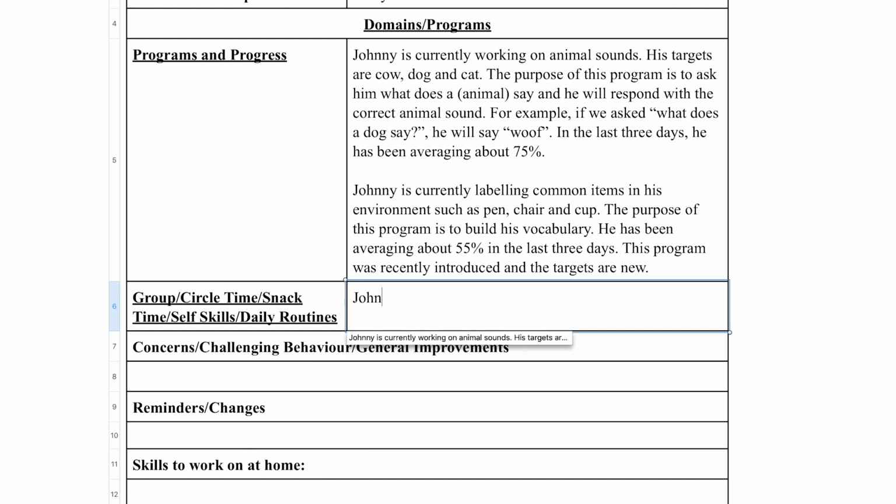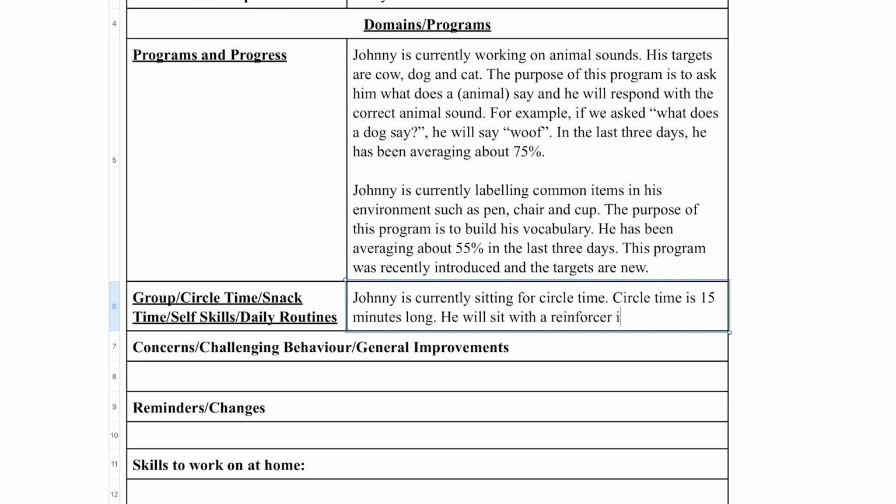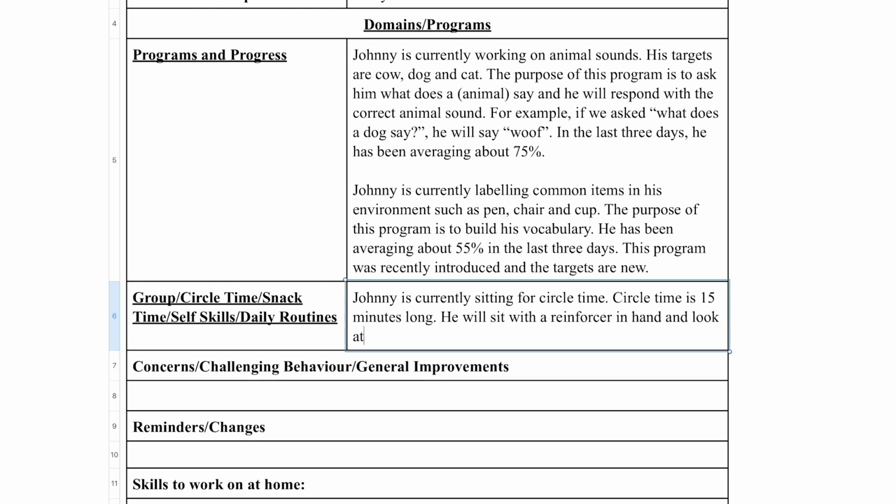So Johnny is currently sitting for circle time. Circle time is 15 minutes long. He will sit with a reinforcer in hand and look at the lead therapist running the group.